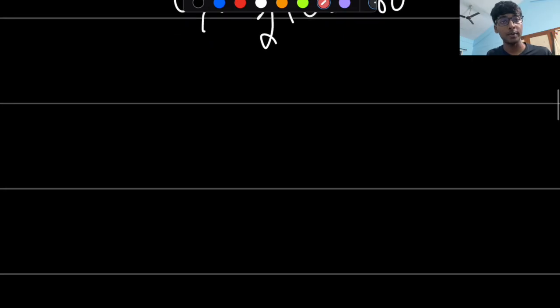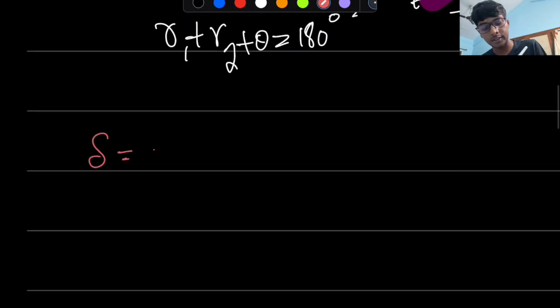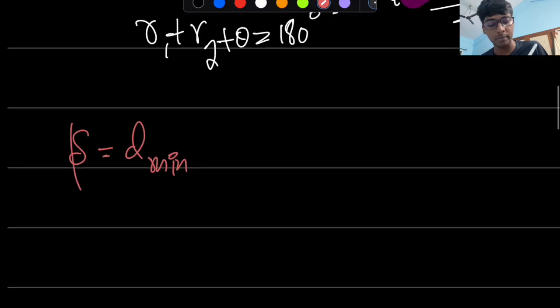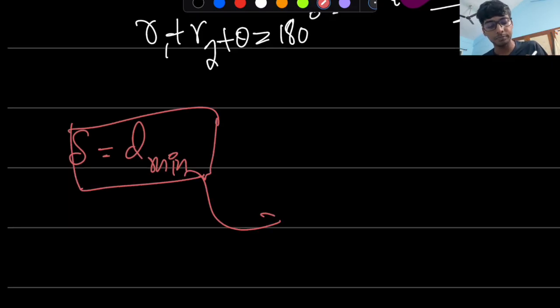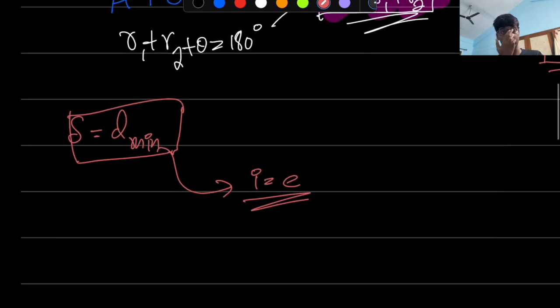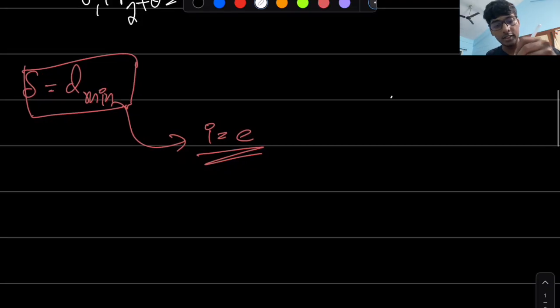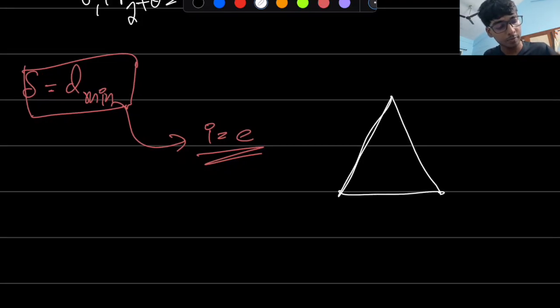So now that that's out of the way, let's check a very special case where delta is equal to something called minimum deviation, or d minimum. In this case, what happens is the angle of incidence will be equal to the angle of emergence. Now why does this happen? Essentially, if there's some prism, there's some incident ray. So minimum deviation means what?